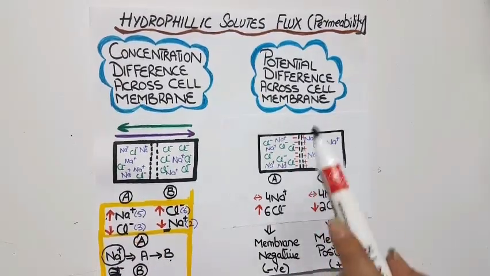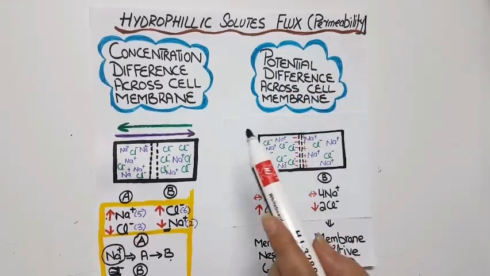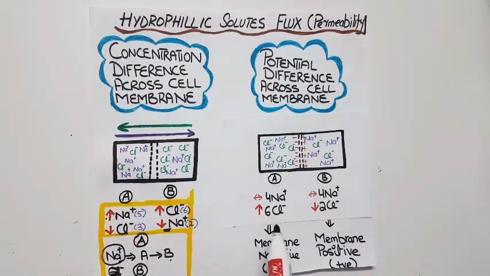And what is this potential difference across the cell membrane? We have this container divided by a thin membrane. On the A side we have more chloride ions, and on the B side we have fewer chloride ions, whereas sodium ions on both sides are the same in number.